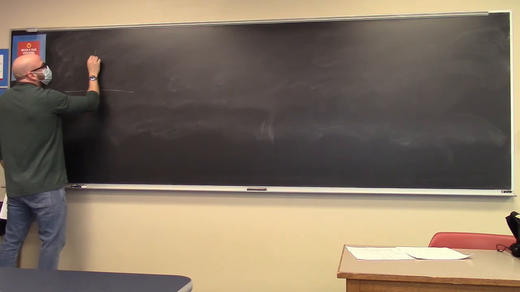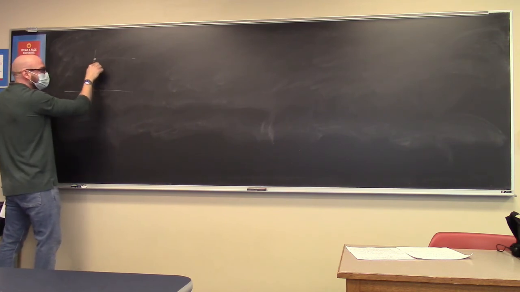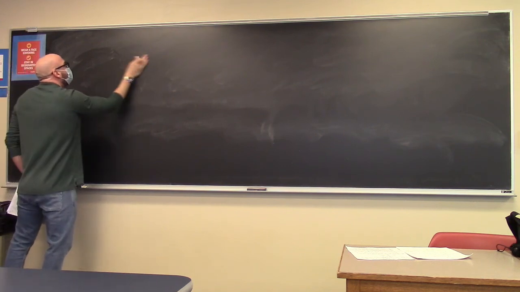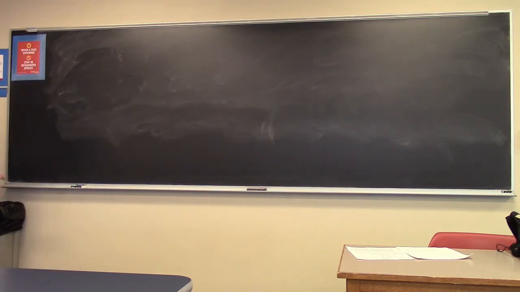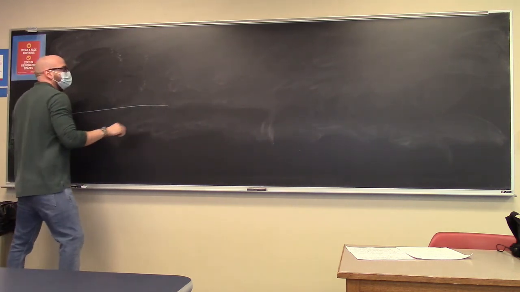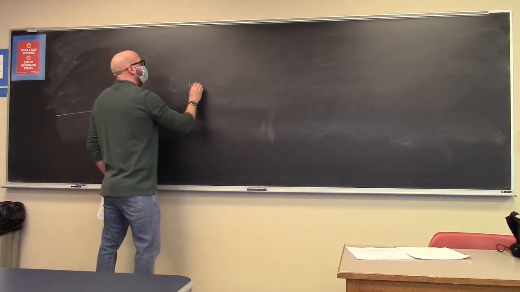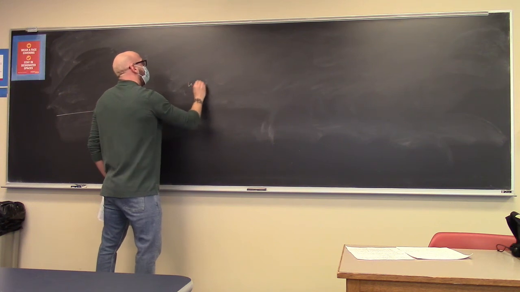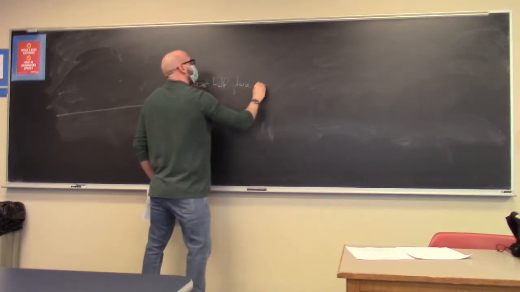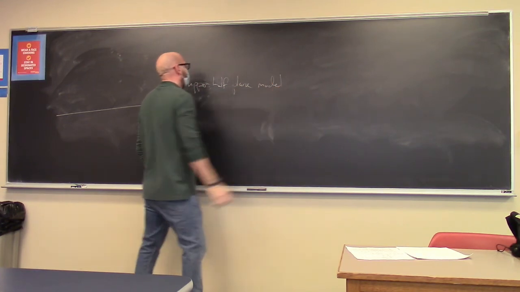Of course, if I make this angle anything less than 90, it's going to intersect. So the angle of parallelism is 90. But what about in the hyperbolic world? Let's go with the upper half plane model.